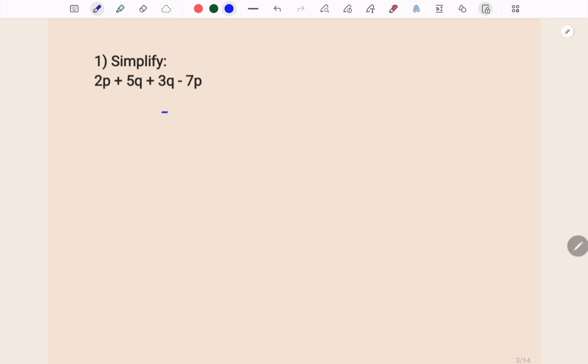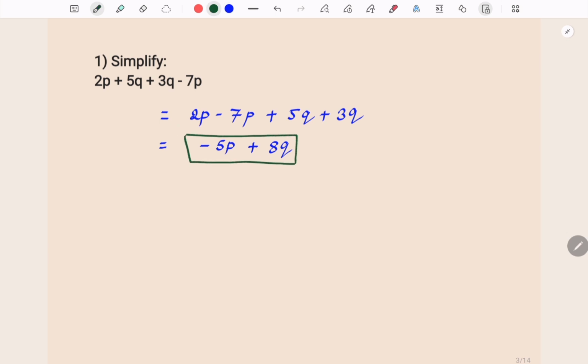So 2p will be grouped with minus 7p and 5q will be grouped with 3q. 2p minus 7p gives minus 5p and 5q plus 3q gives 8q. So the simplified expression is minus 5p plus 8q.